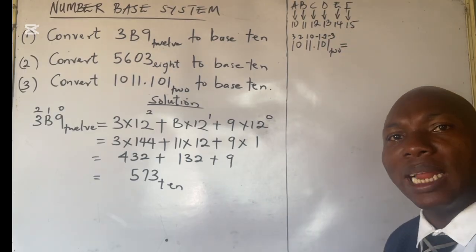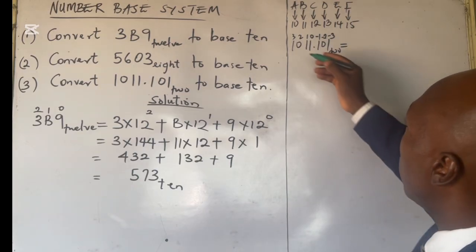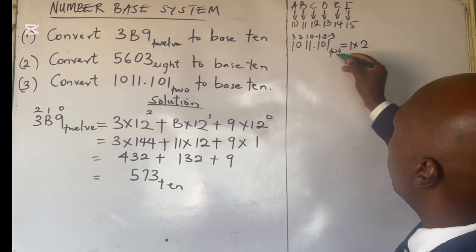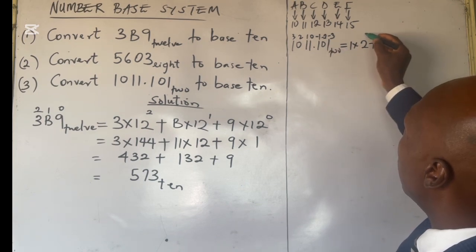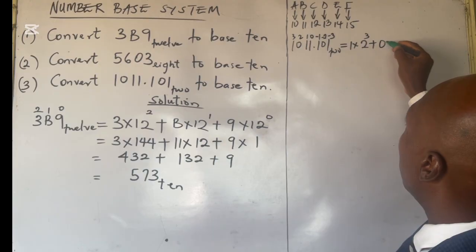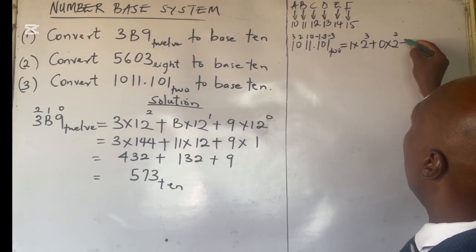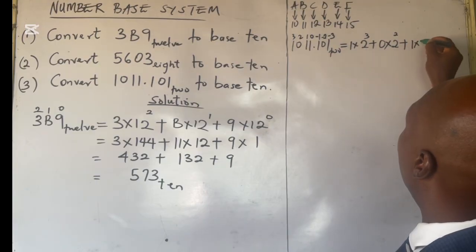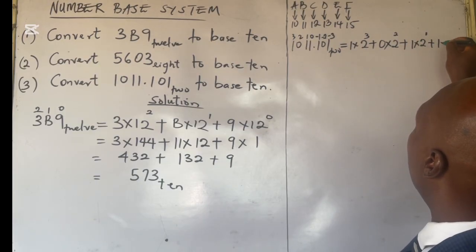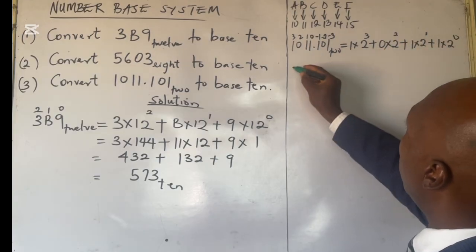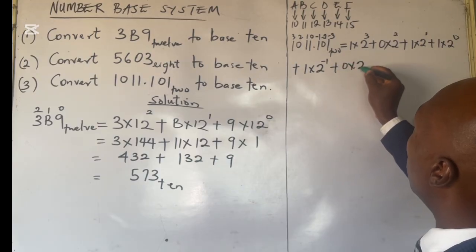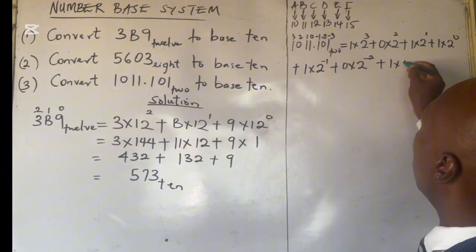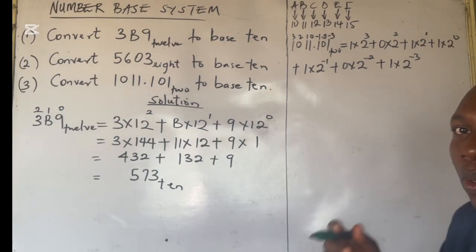Once you set up your work like that, you can then multiply. So the first one is 1 here, times base 2 raised to power 3, plus 0 times 2 raised to power 2, plus 1 times 2 raised to power 1, plus 1 times 2 raised to power 0, plus 1 times 2 raised to power minus 1, plus 0 times 2 raised to power minus 2, plus 1 times 2 raised to power minus 3.